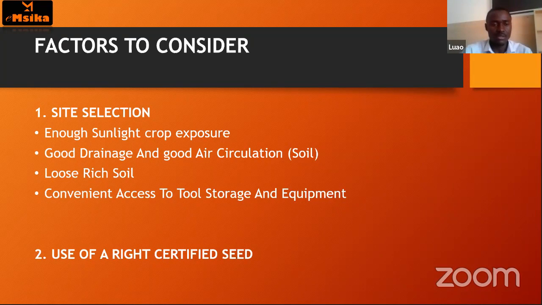Also, the next point is good drainage and air circulation. This is when it comes to the soil. For good soil, the soil has to have a good texture. For good texture, we normally look at three things, which I'll explain in detail.